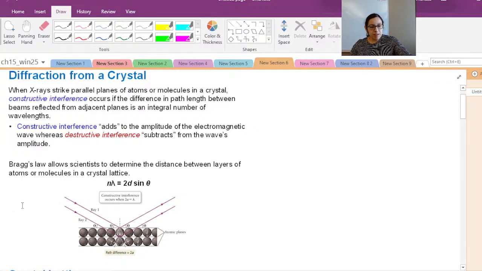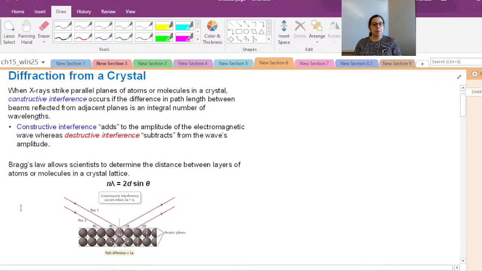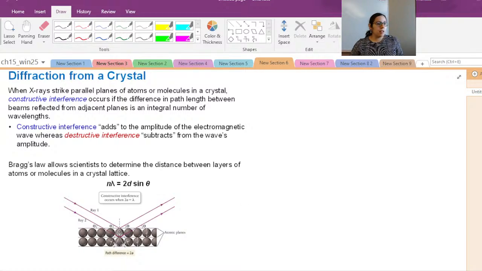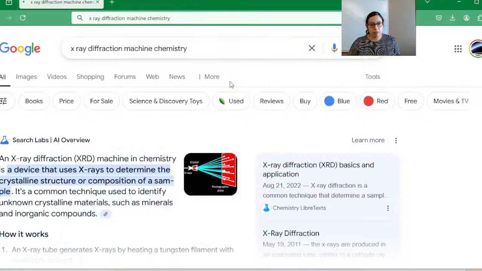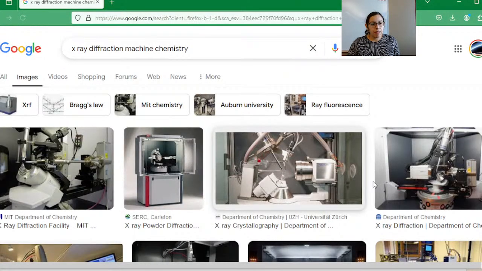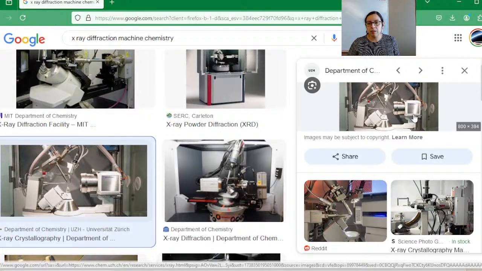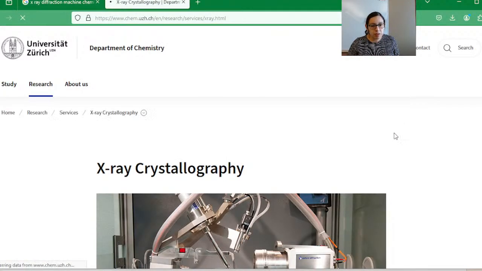The basic thing that happens is, maybe I should pull up a picture of an X-ray diffraction machine. Let's see if I can find one. It looks something like this. This is a good picture. Can we get this larger though?